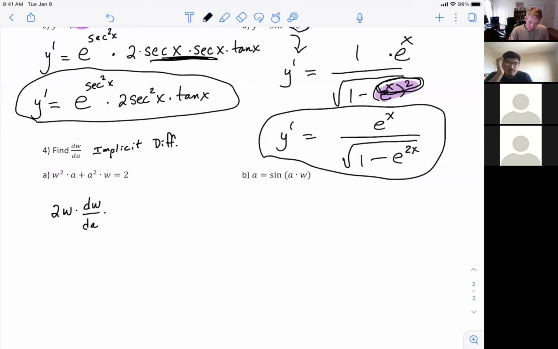Then for the product rule, you just leave a alone for right now. And then plus, this time leave w squared alone. And now take the derivative of a with respect to a. So that's going to be a 1, because dA divided by dA is equal to 1.